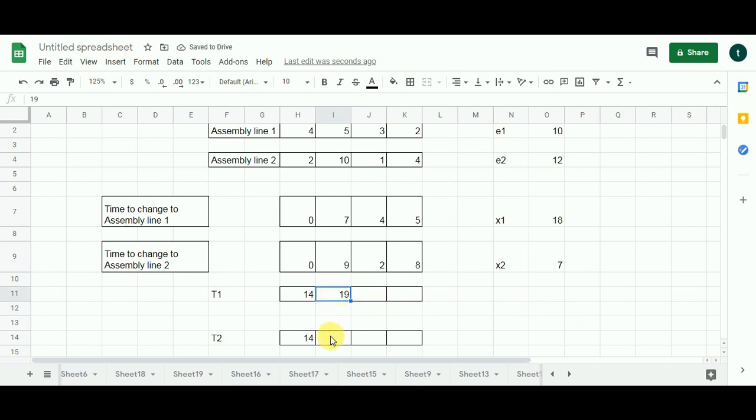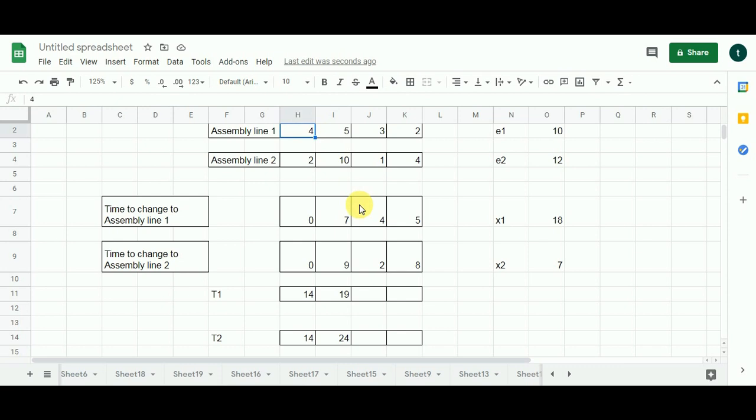Let's talk about this cell. At this station, the chassis can arrive from here or it can arrive from here. If it arrives from assembly line 1, then it's simple. I am going to add this 10 to this 14 and it will give me 24. This is one of my candidates. But if it arrives from this station, then extra time will be incurred.